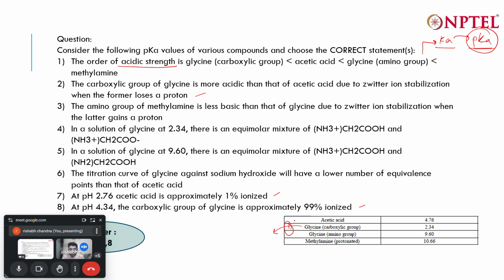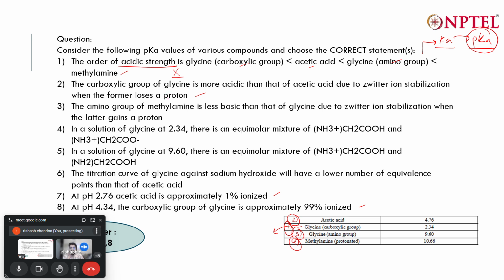Then comes the acetic acid, then comes the glycine amino group, and then comes the methylamine protonated. Okay, so in the order that is given below, the methylamine is the highest, then comes the glycine amino group, then acetic acid, and then carboxylic group. So this is a false statement.